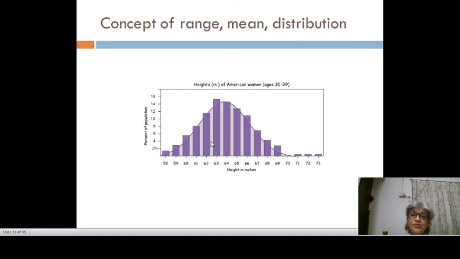I'm just showing you the graph, the way it looks. If a child has a weight of 5 kg, that value will be absolutely at the extreme end of this curve. So very few children will have a weight of 5 kg. But if it's 10, it's the mean, the majority will be having this. Now, how do we categorize this?